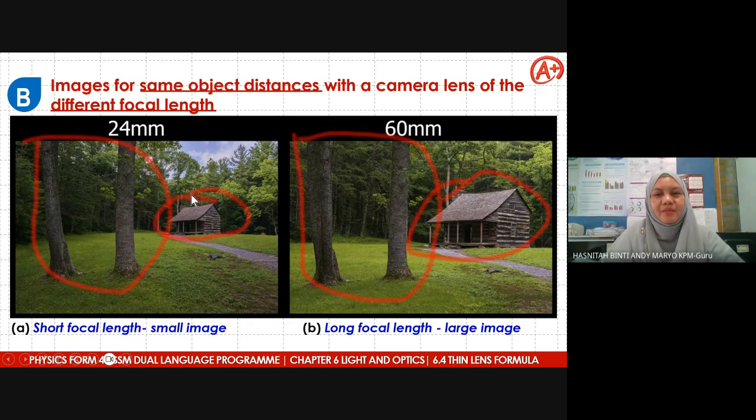Meanwhile, a camera with a longer focal length will produce a larger or bigger image with the same object distance. So this is situation A and situation B. The difference is that in the first one we have cameras with the same focal length but different object distances, and in the second situation, cameras with the same object distance but different focal lengths.